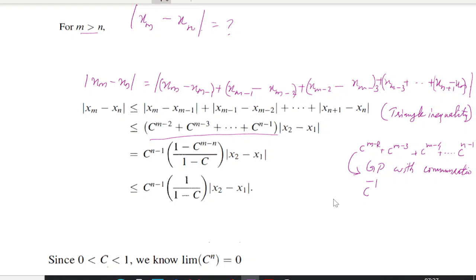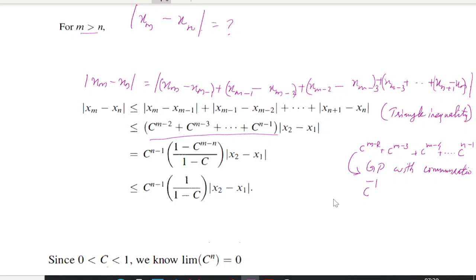This is nothing but the geometric progression sum, right? So c raised to n minus 1 into 1 minus c raised to m minus n minus 1 plus 1 will come. So that will become this by 1 minus c into modulus of x2 minus x1.